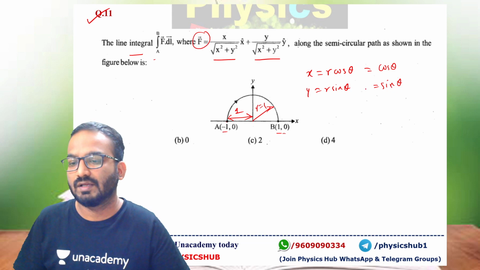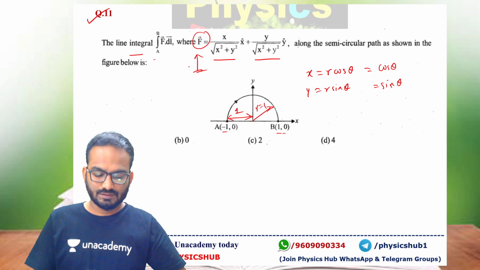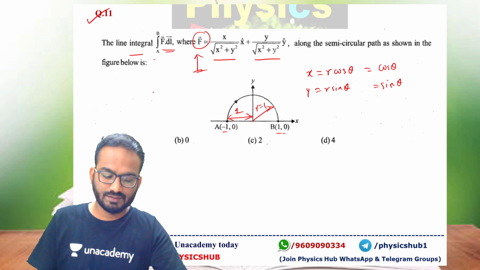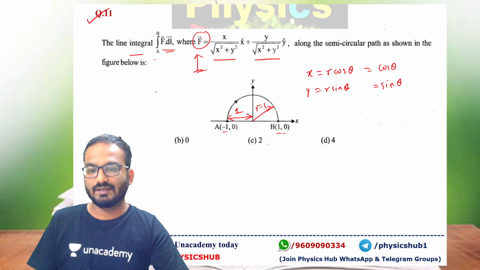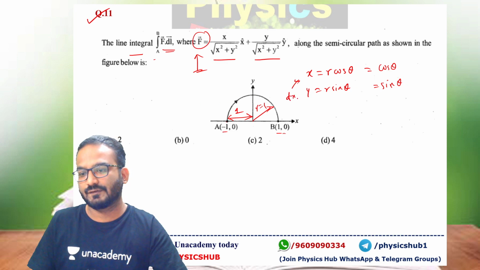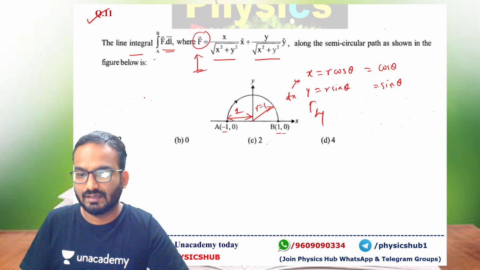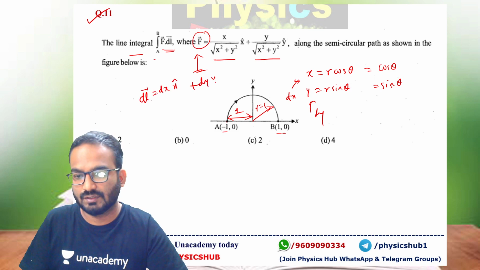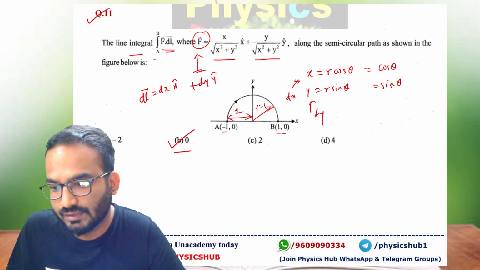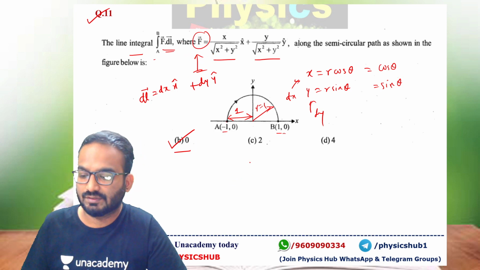If you apply this, you will get a simplified form of F. Now for F dot dl, how can we take dl? dl equals dx x cap plus dy y cap. From here you can find dx and dy as well, and in this way you will get option B as the correct option, because the integrand will come out to be 0 eventually.